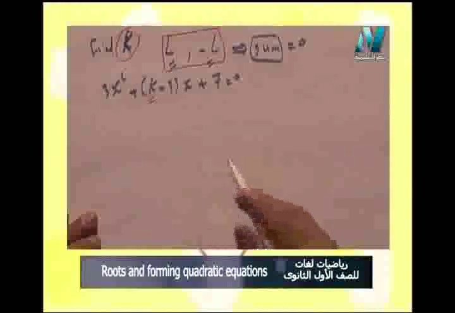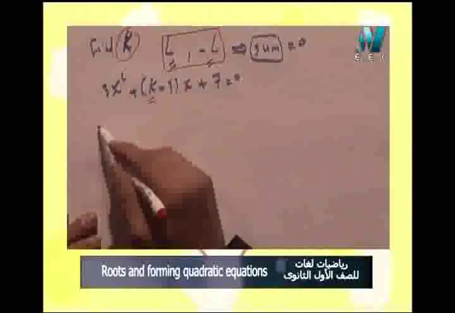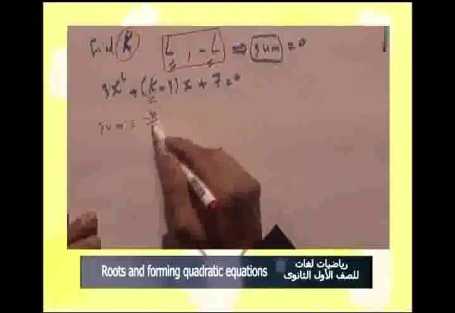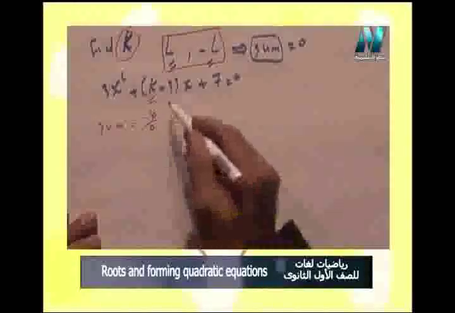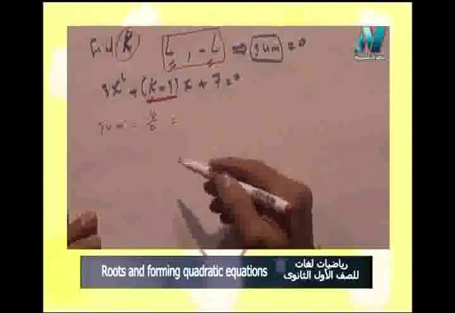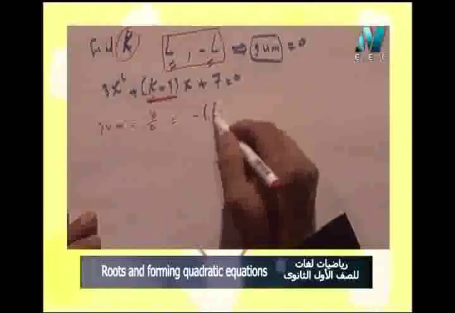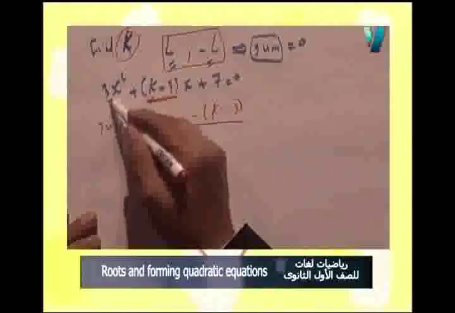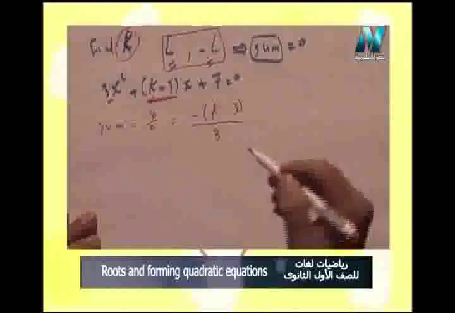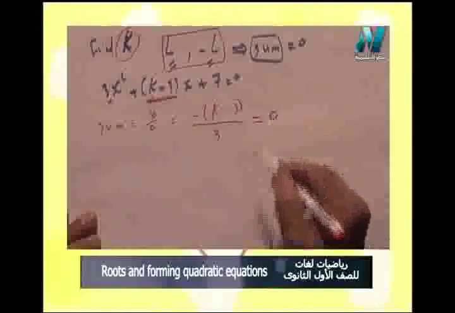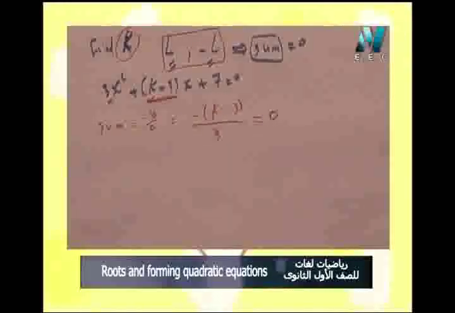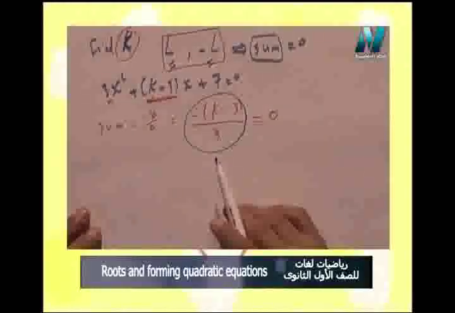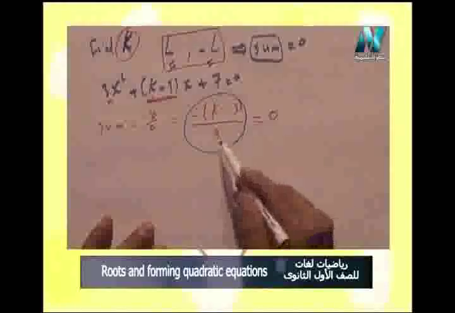What is the sum of two roots here? The sum, of course, equals negative b over a. Where is negative b? Negative b is the negative of this part. So negative k minus 3 over a, which is what? 3. The sum here equals 0. And we know if a fraction here equals 0, we cannot say that the denominator equals 0.